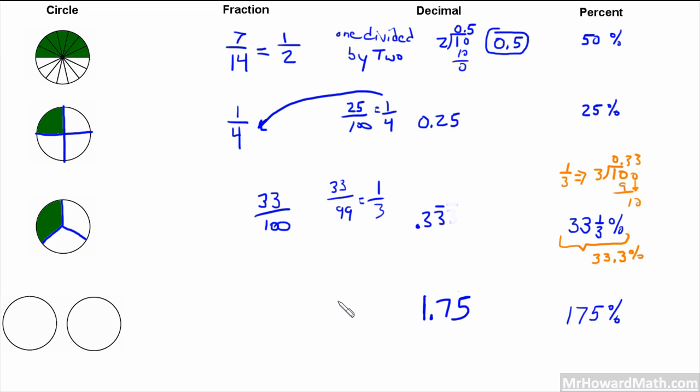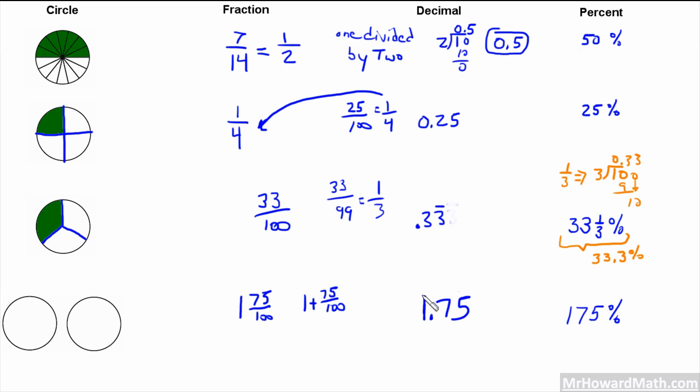Okay. So now to write this as a fraction, we have 1 whole and 75 hundredths of another, right? So we can write that this way, and then we're going to simplify it. You can also write this as 1 plus 75 out of 100, right?